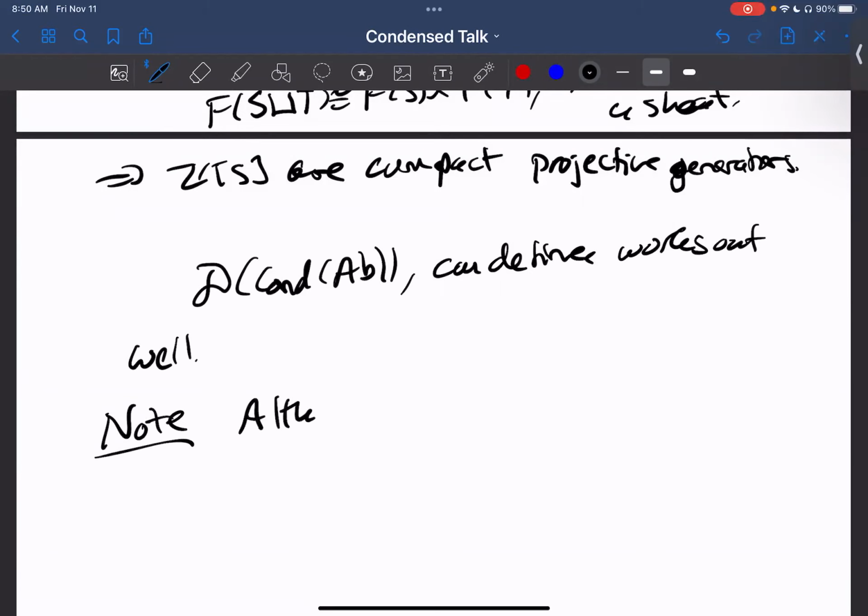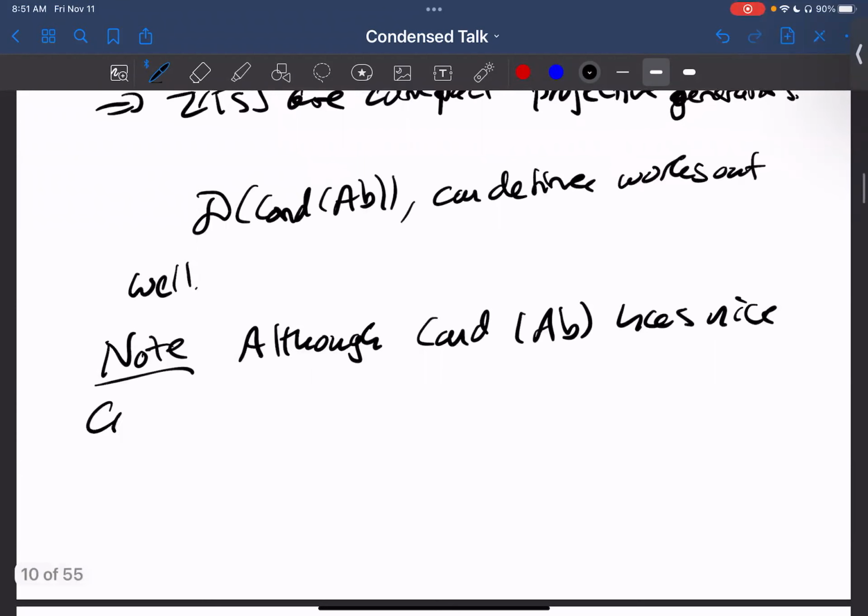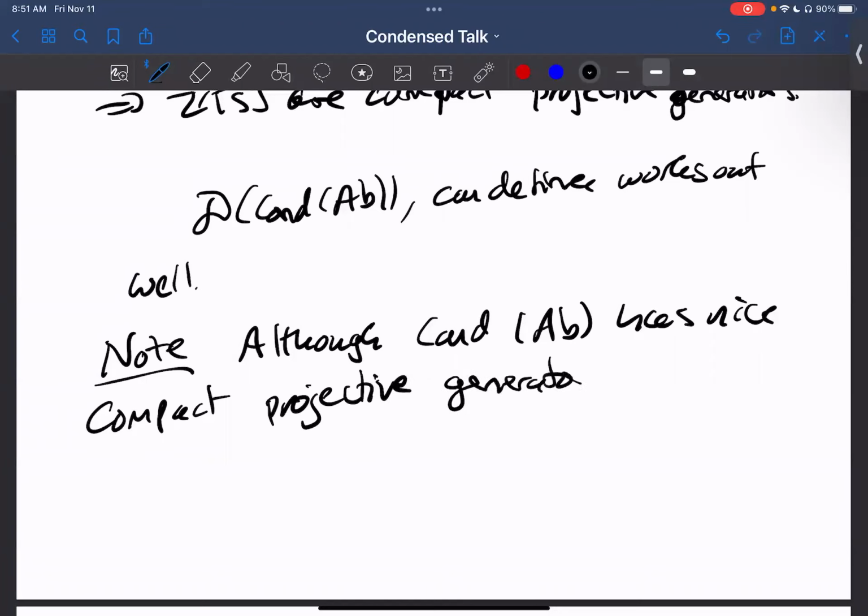Although condensed abelian groups has nice projective generators, it has no non-zero injective objects.